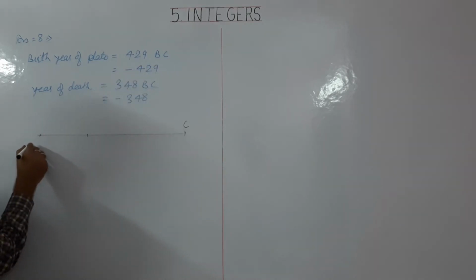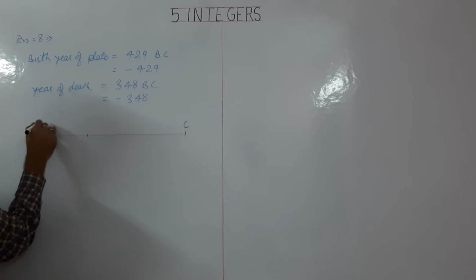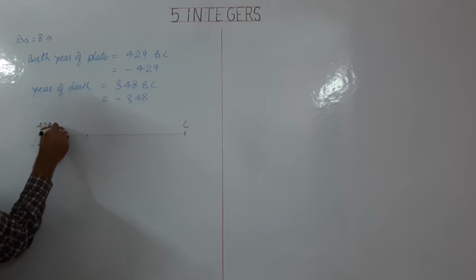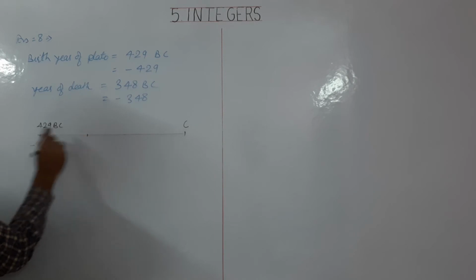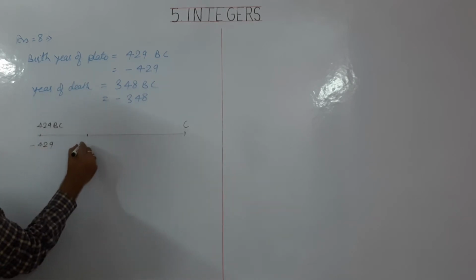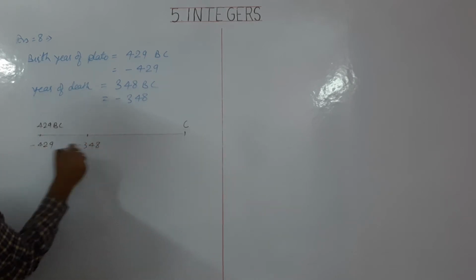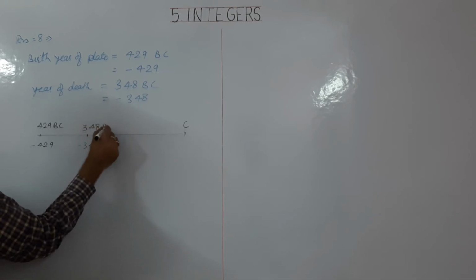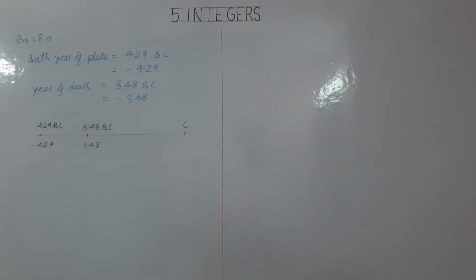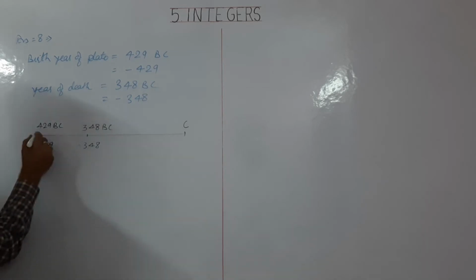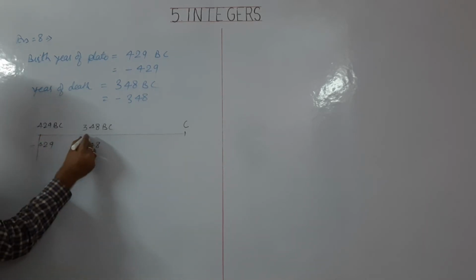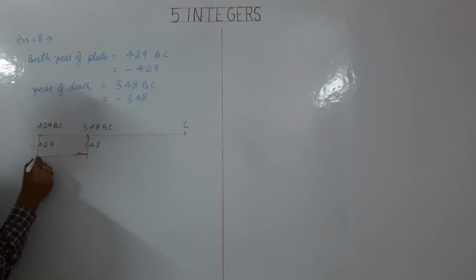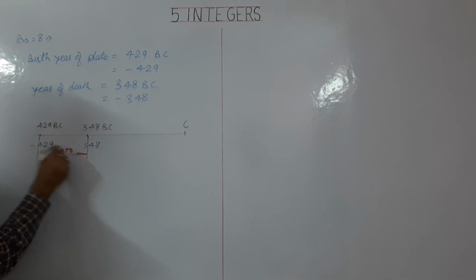Birth year is minus 429 or 429 BC, and minus 348 or 348 BC is the year of death. This is the lifespan of Plato.